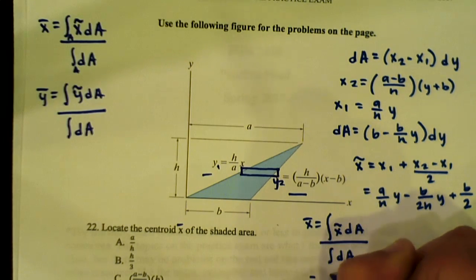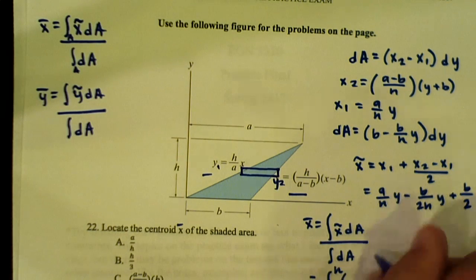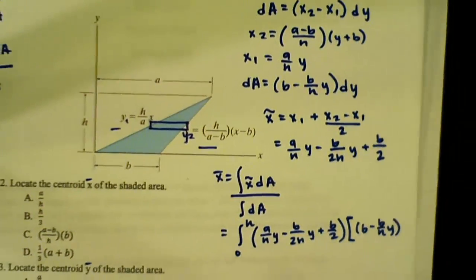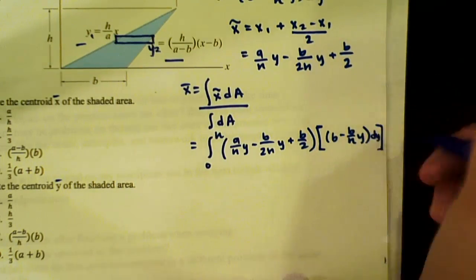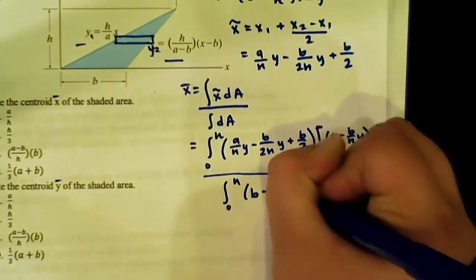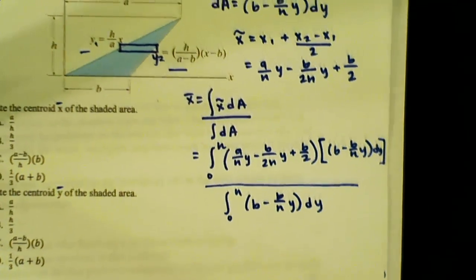If we plug that in, it's the integral evaluated from 0 to h of a over h y minus b over 2h y plus b over 2, times b minus b over h y, dy, divided by the integral from 0 to h of b minus b over h y dy.